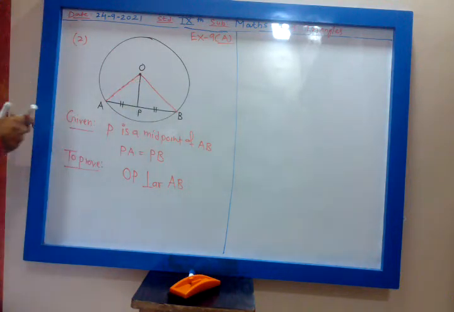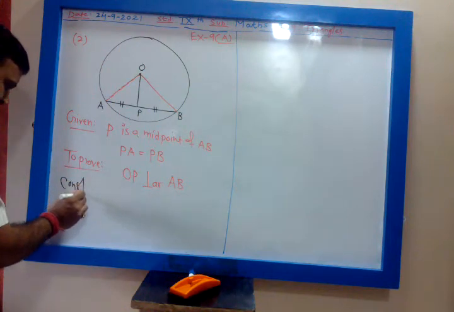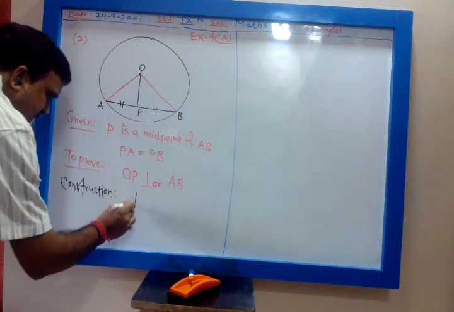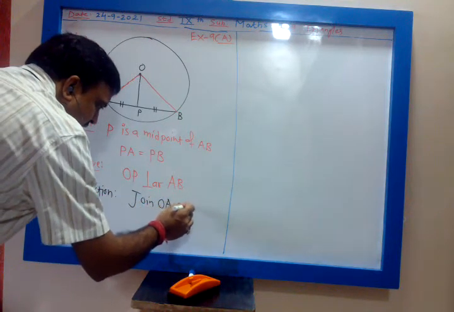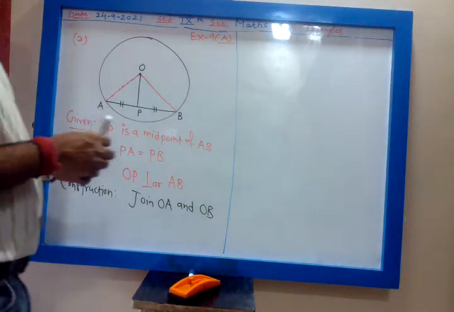So the construction is: join OA and OB. Now we write down the proof.